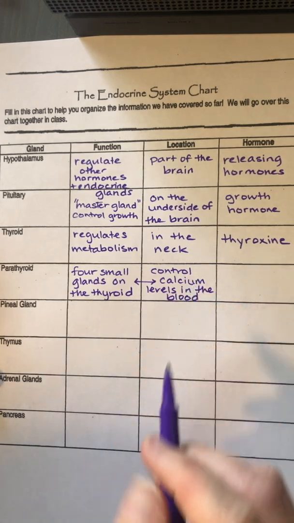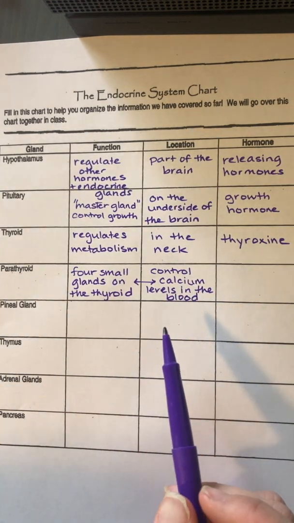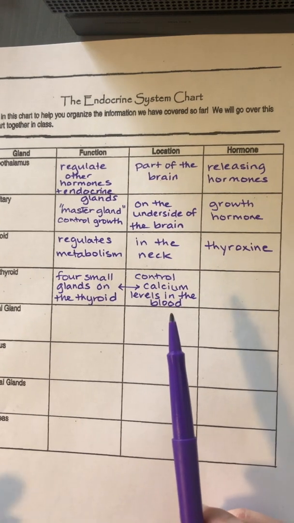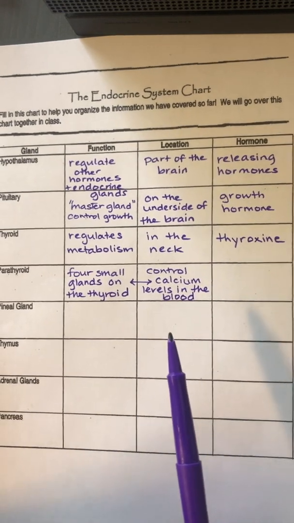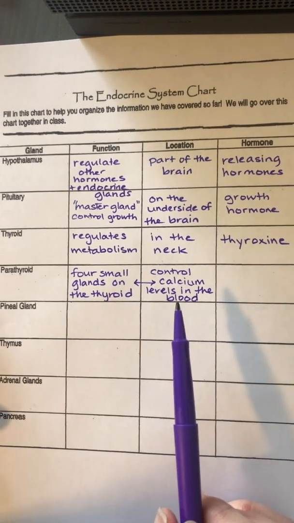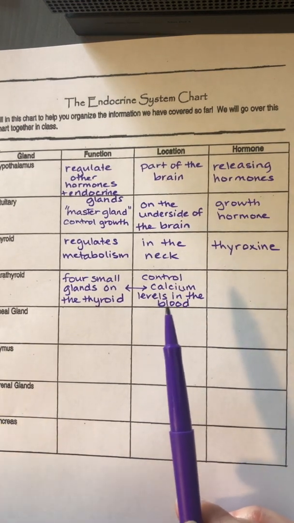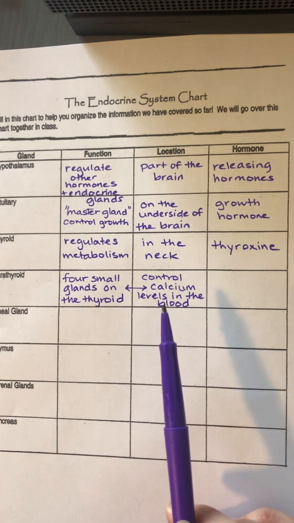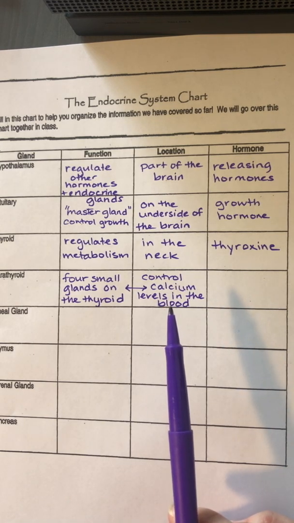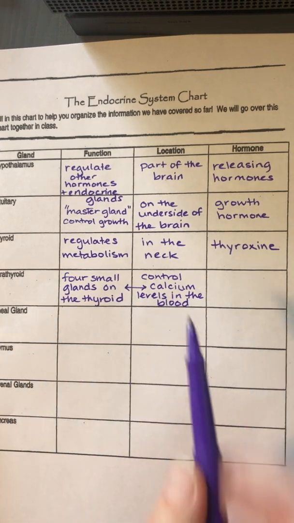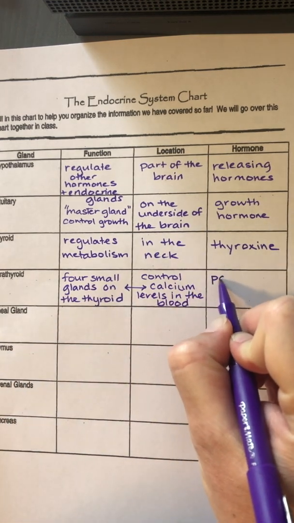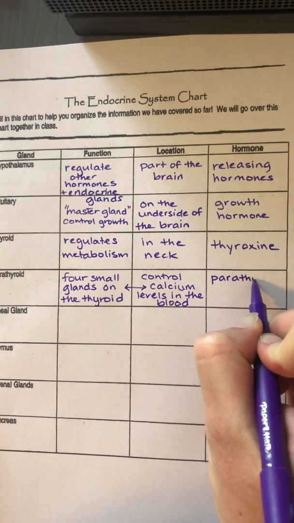And the parathyroid gland is primarily concerned with calcium levels in the blood. So it's making sure that you have enough calcium for all of your essential organ functions and then also for your muscle functions. If that calcium level drops too low, then your organ function can be affected and your muscles can lose their ability to contract. Parathyroid, its hormone is going to be really easy to remember. It's called parathyroid hormone.